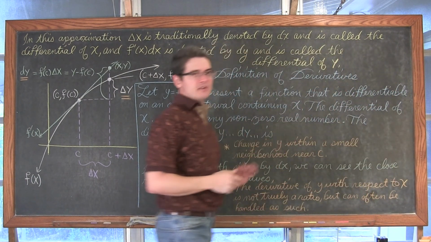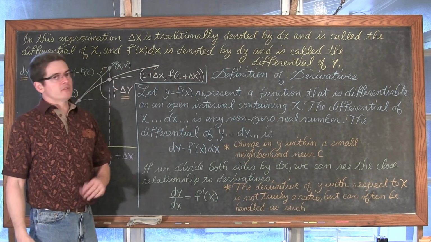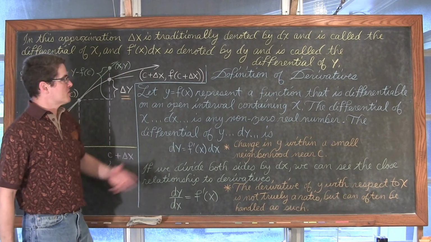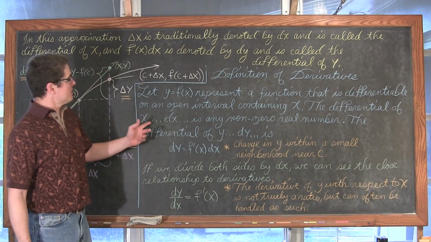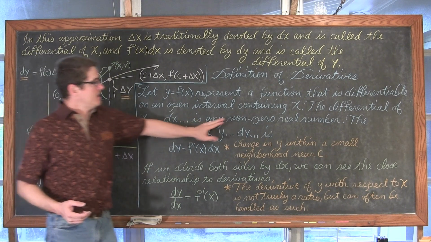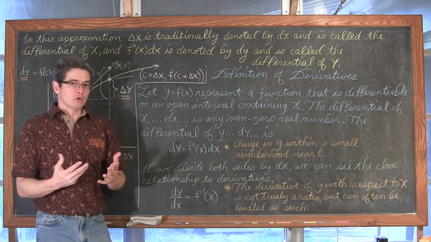Okay, let's look at the definition to help get this down before we start looking at some examples. The definition of differentials: let y equal f of x represent a function that is differentiable on an open interval containing x. The differential of x is labeled as dx, and it's any non-zero real number.